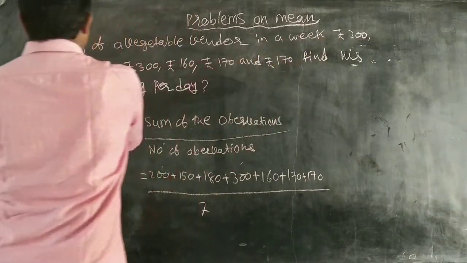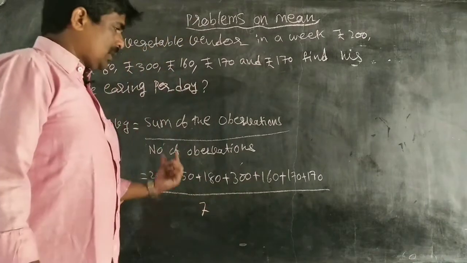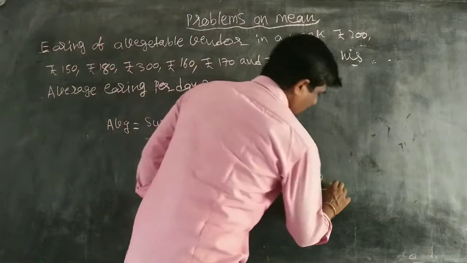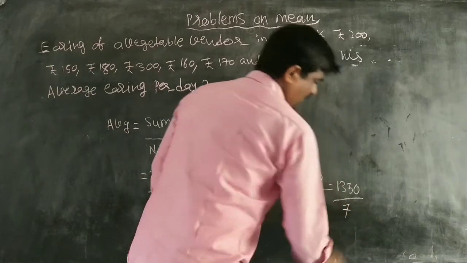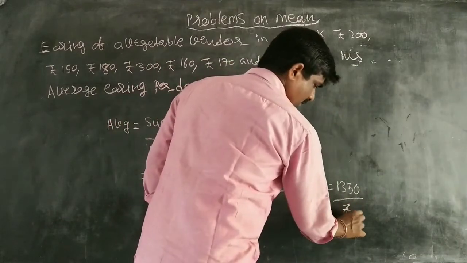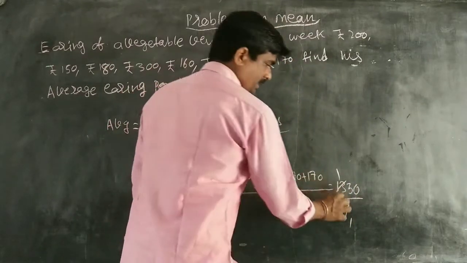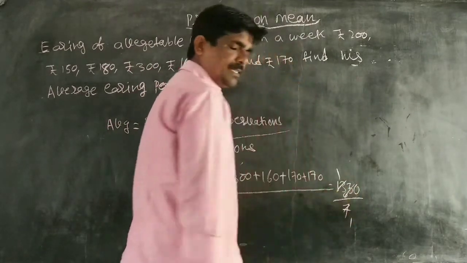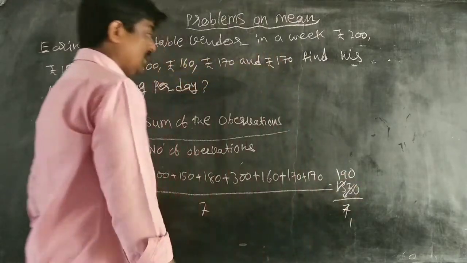Observe: 1, 2, 3, 4, 5, 6, 7. Adding everything gives 1330 by 7. 7 ones are 7, 7 nines are 63, remainder 0.